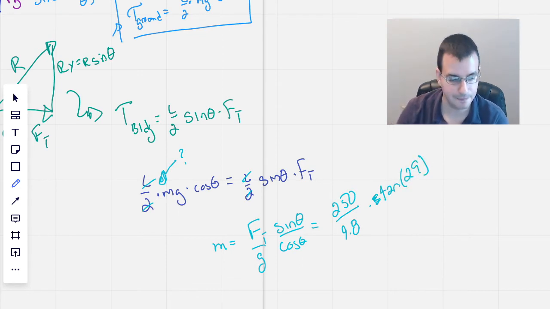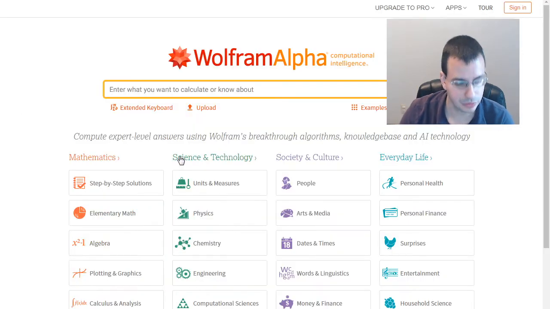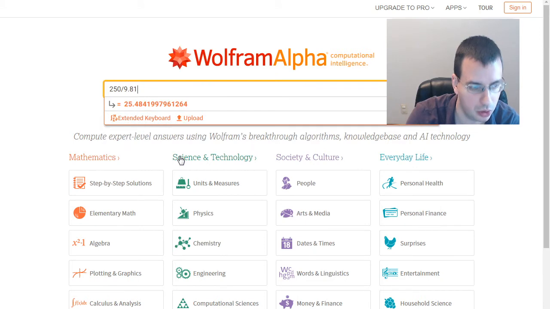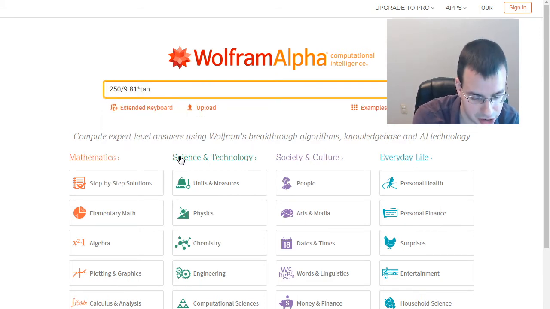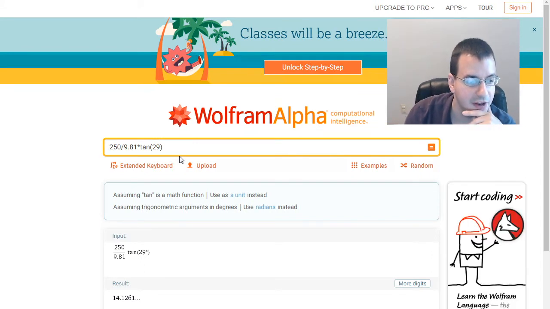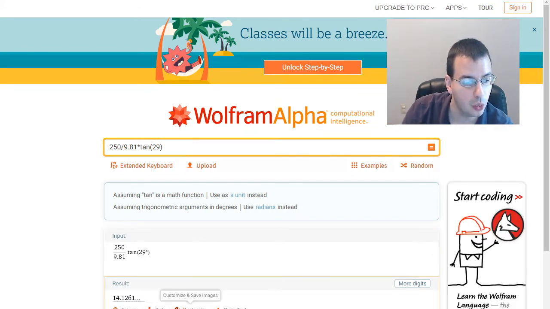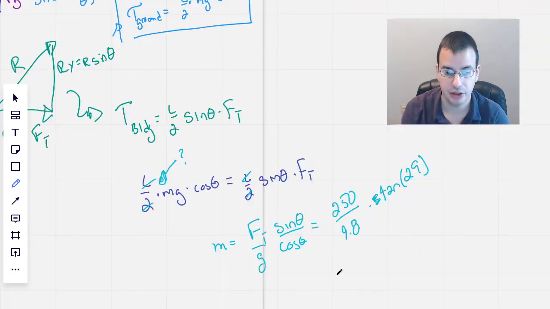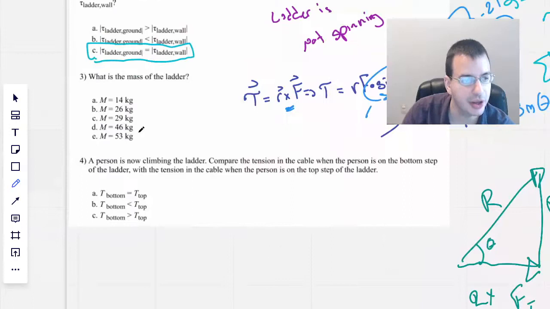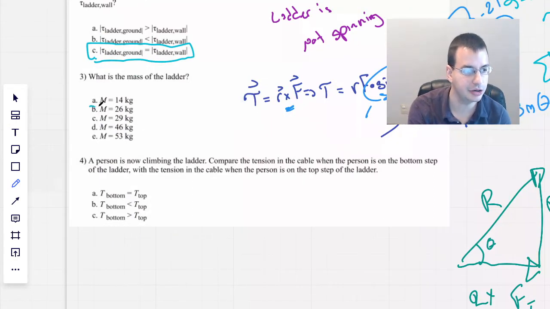Okay. 250 divided by 9.81 times tangent of 29. That's degrees. We get 14.13. This will be in kilograms. Look at our possible answers over here. We have 14. I'm going to call that the answer.